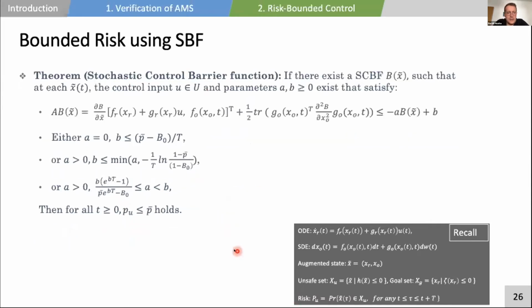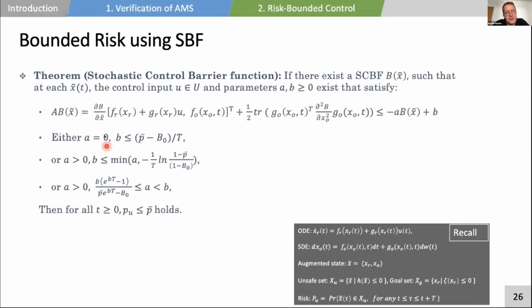And let's go to this. So we can develop stochastic control barrier functions, and we can say that if there exists an SCBF B(x̃) such that at each x̃(t), the control input u and parameters a, b greater than 0 exist that satisfy the following equations. This part is for the infinitesimal generator less than or equal to negative a B(x̃) plus b.